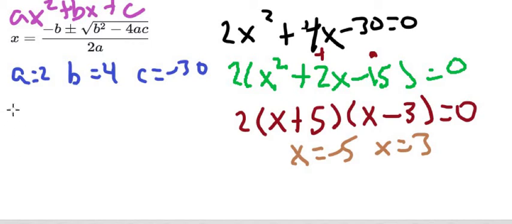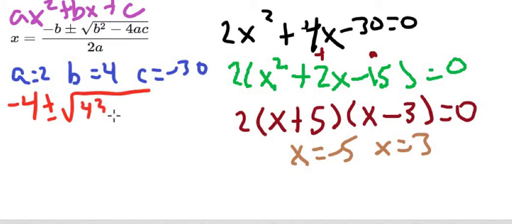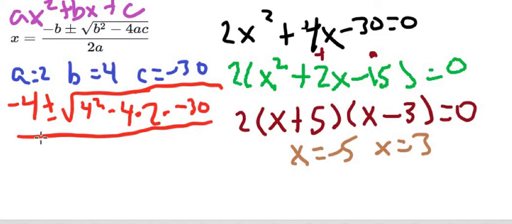So I'm going to have negative b, so negative 4, plus or minus the square root of 4 squared minus 4 times my a, which is 2, times my c, which is negative 30, all over 2 times my a, so 2 times 2.